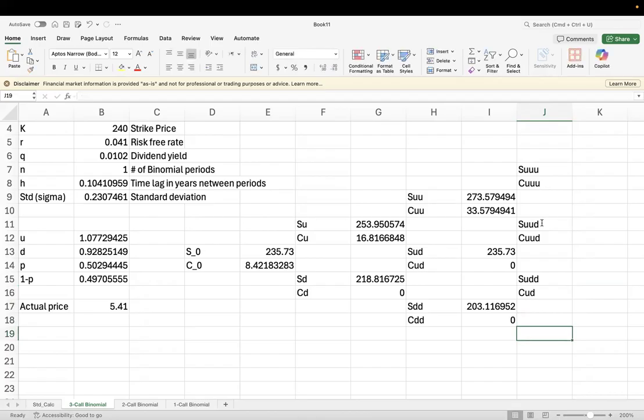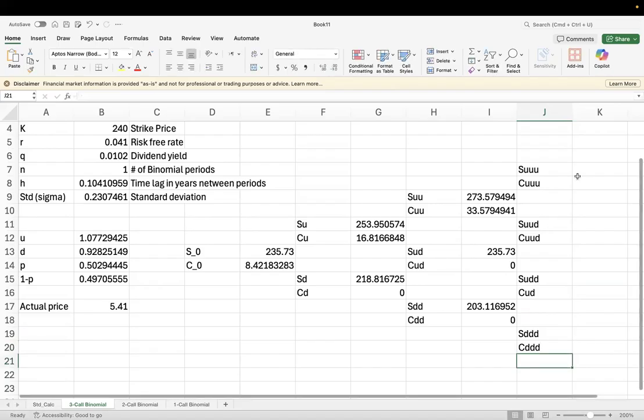The last one is going to be SDDD and CDDD. So we can easily calculate these.